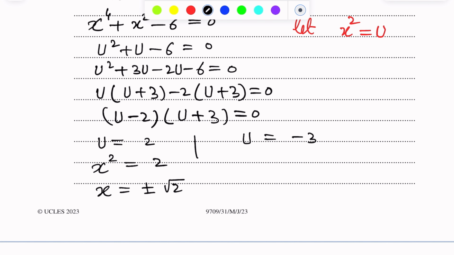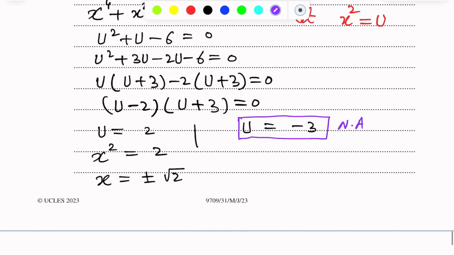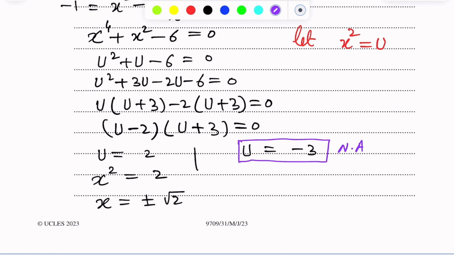But the other value is not applicable. Why is this not applicable? Because if we put x square in place of u, then x square is equal to negative 3, and when we take the square root we get plus minus under root 3 iota.